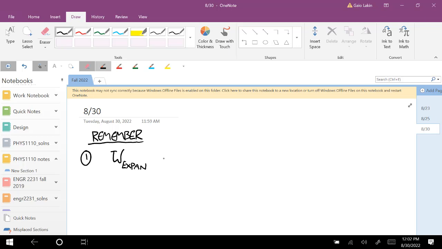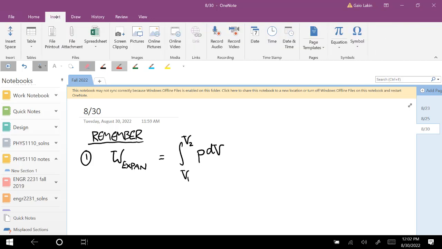So the work of expansion is the integral from the initial volume to the final volume of the pressure times dV. Remember that these volumes are the extensive property volumes.